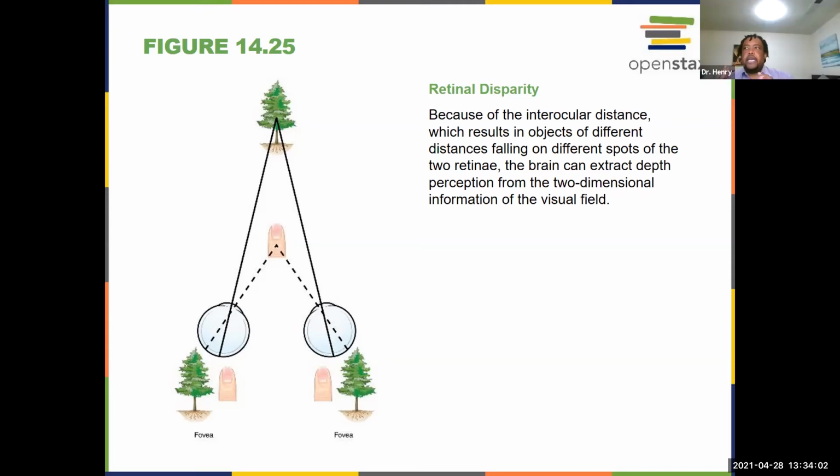It adds that third dimension to it. So it gives it that spacing, that little more depth to it. So it's no longer a two-dimensional image that we're seeing, we're actually seeing that three-dimensional image.